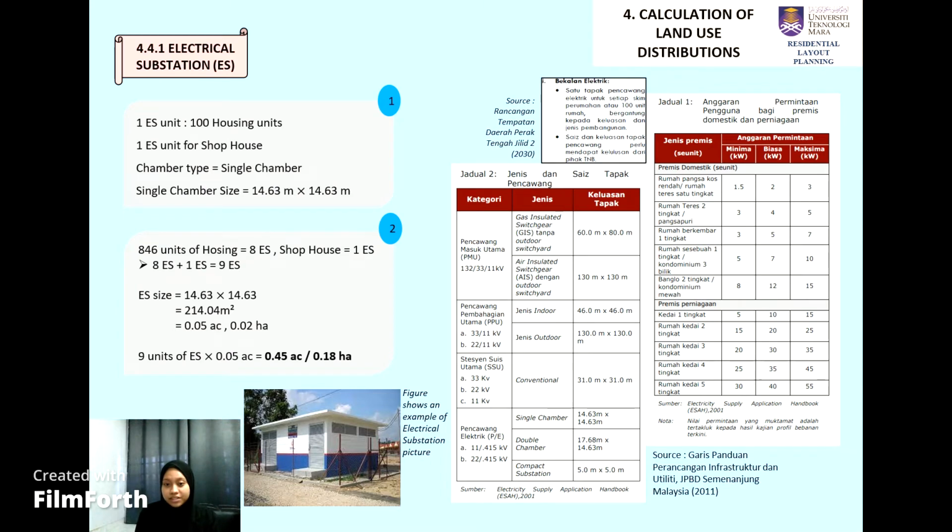Moreover, infrastructure and utility. For electric substation, there must be 8 units of electric substation for housing and 1 unit of electric substation for shop house. So the total electric substation that must be provided is about 6 units, which is 0.18 hectare.